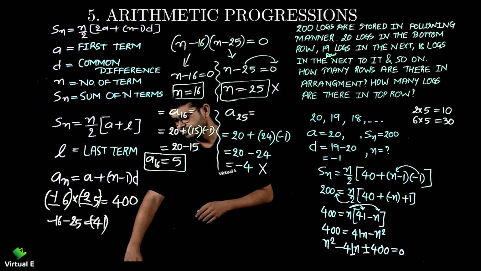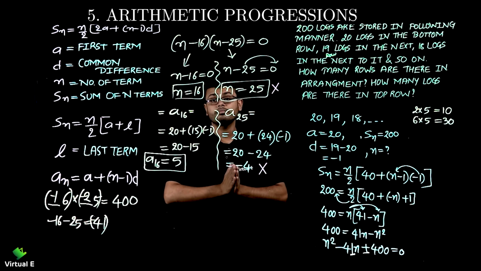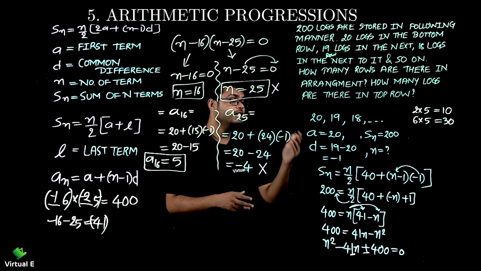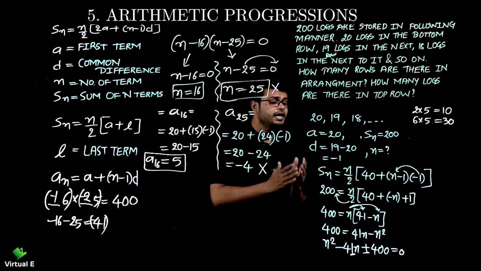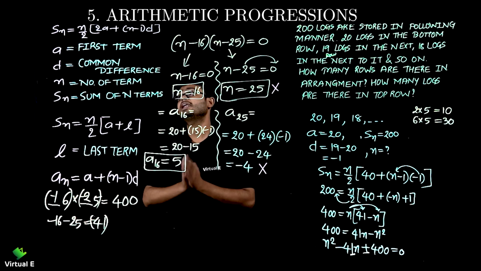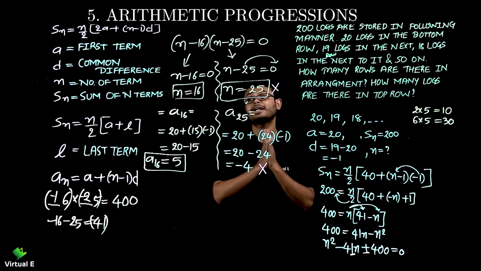Let's recall the concept one more time. Whenever you have a word problem, you need to form the AP based on the given conditions. Afterwards, get your a and d and the information given. Here we had Sn. Remember, 200 total logs were there. Indirectly, Sn is given. So substitute the values, get the answer.